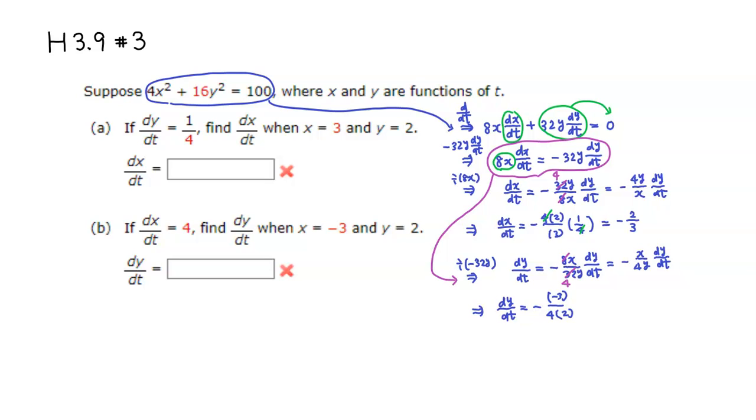This is dx over dt right here, and dx over dt is given to be 4. So we can cancel: 4 on top and 4 on the bottom. And then you have a double negative, so the answer is 3/2.